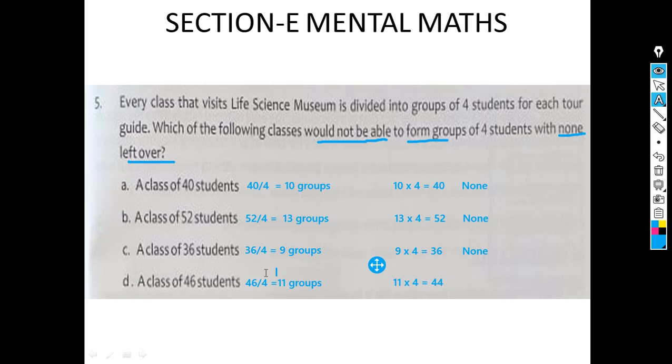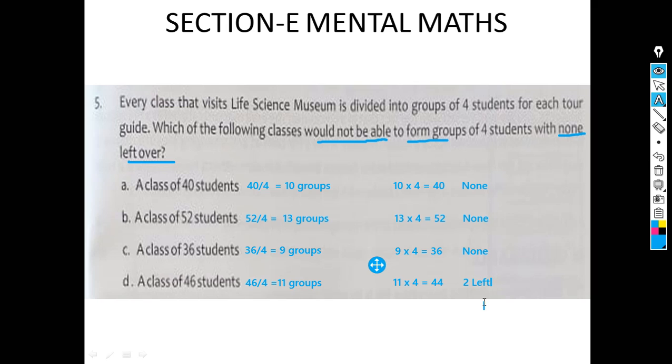This means the total number of students is 46, but in the groups we are able to form only 11 groups, and there are only 44 students in the 11 groups. This means 2 students are left.